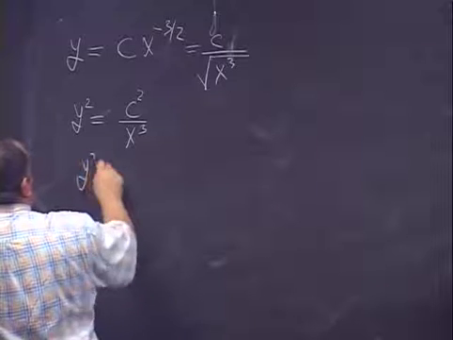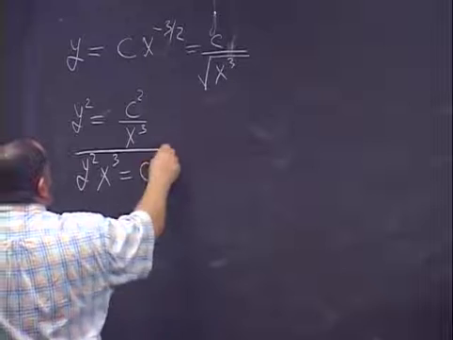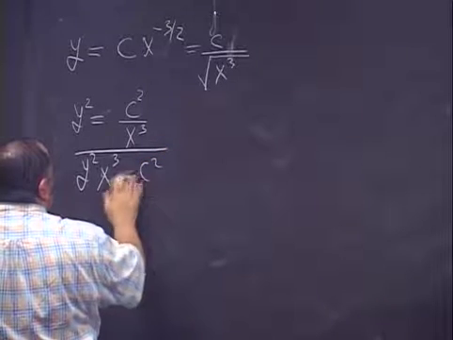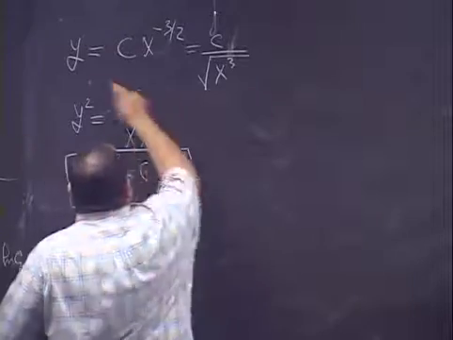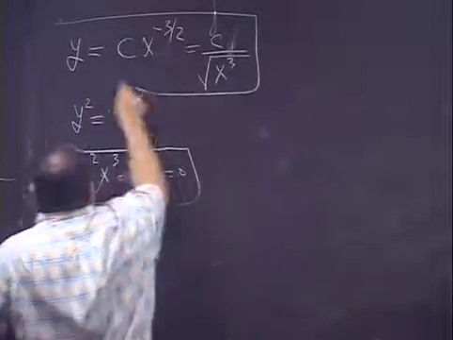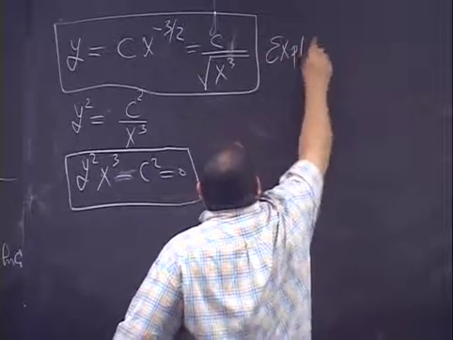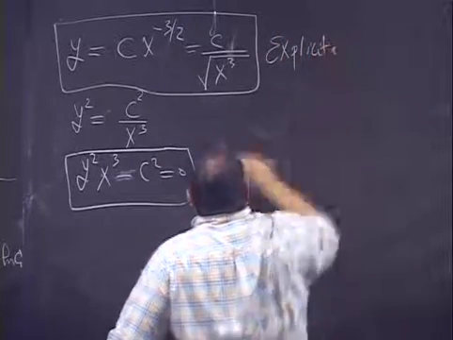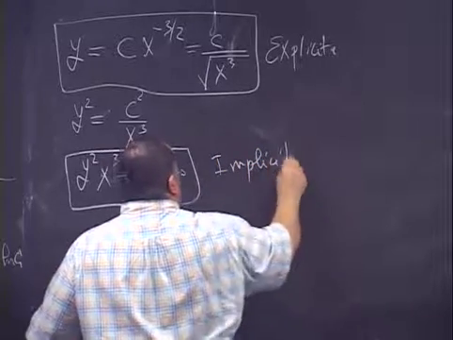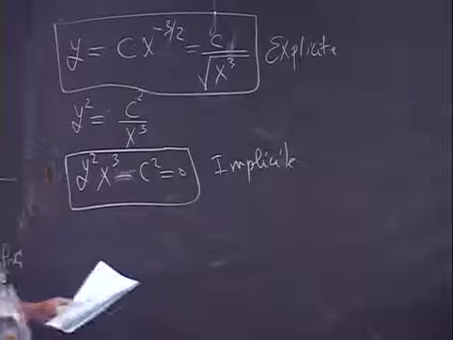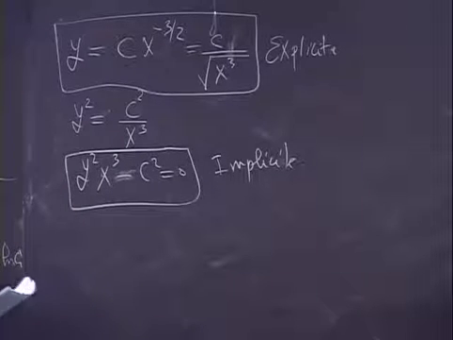And y squared x cubed minus c squared equal to 0. So this is explicit, and this is implicit. Okay, guys? Do you have a question?